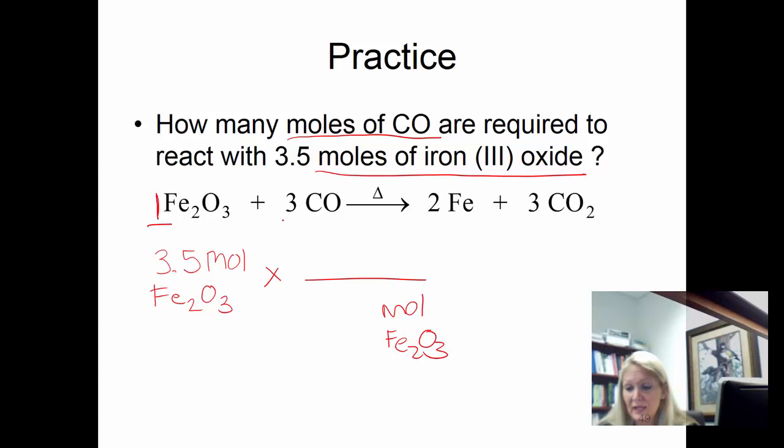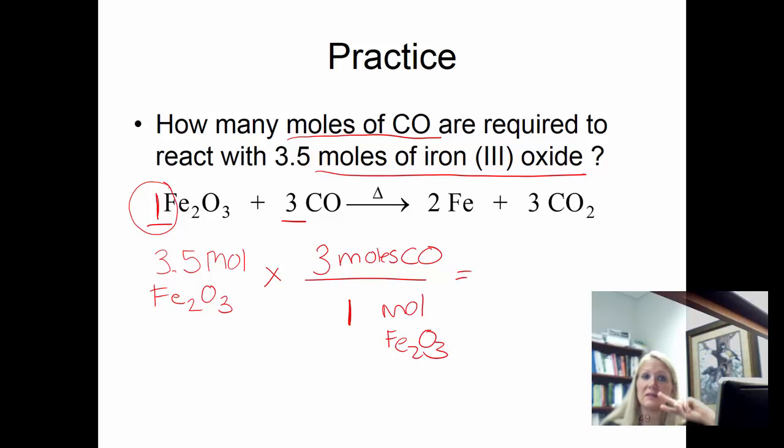So I'm trying to relate my reactants: how many moles of CO do we need to react with 3.5 moles of iron(III) oxide? I know I have to plug in where my moles of iron(III) oxide is on the bottom. So here's a 1, and 1 goes in the denominator, and I have 3 moles of CO.